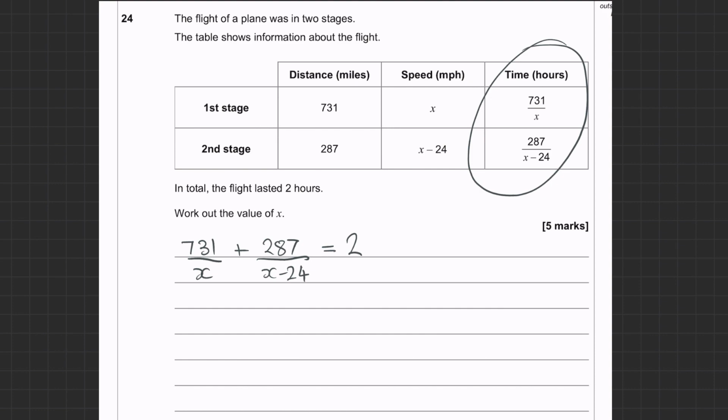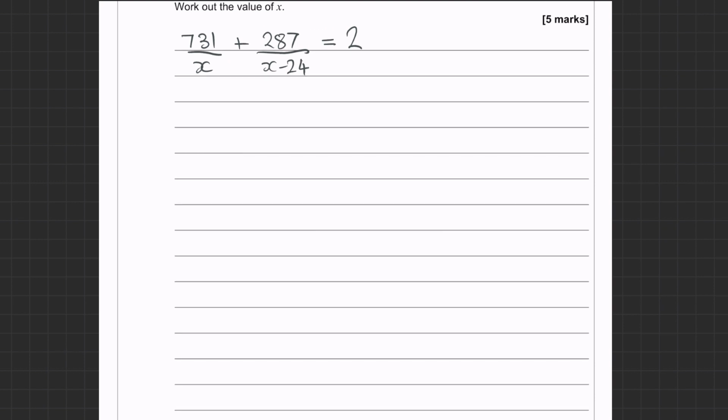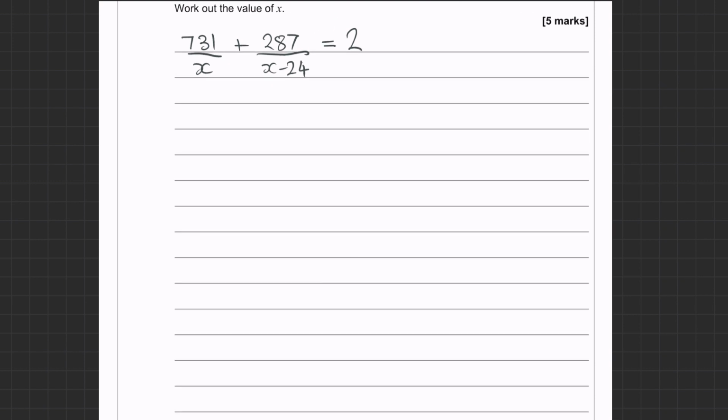And what we need to do here is rearrange a bit. So I'm going to scroll down so we can just see this. We don't need anything else at the moment. I'm going to multiply both sides by x to begin with. I'm going to highlight this here. Multiply both sides by x, and that will give us 731 plus 287x over x minus 24 equals 2x.